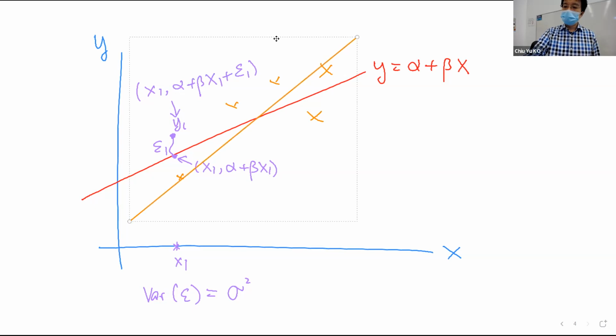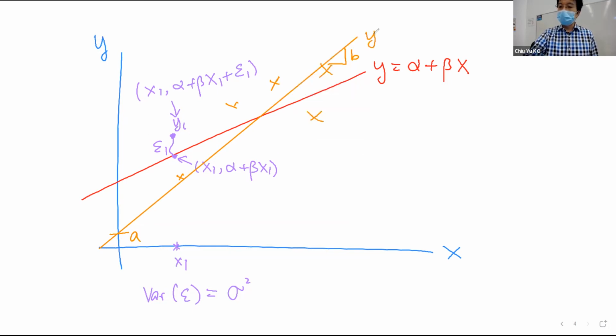This gives you your A and your B. So this is one case, and depending on what data you draw, you have another case. This becomes Y hat equals A plus B X. This is one possible line.